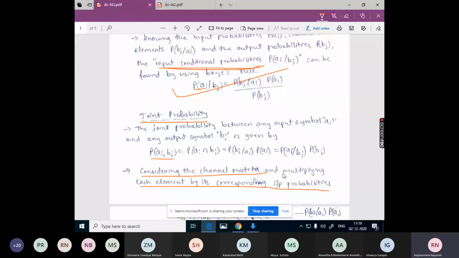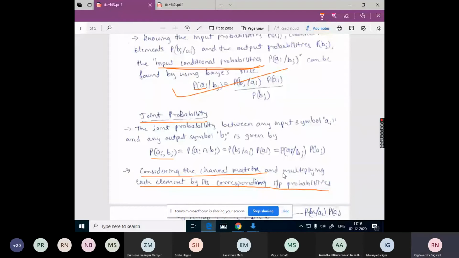If we add all the elements of the first row, where the input symbol is A1, we get the probability of A1. If we add the next row, we get the probability of A2.